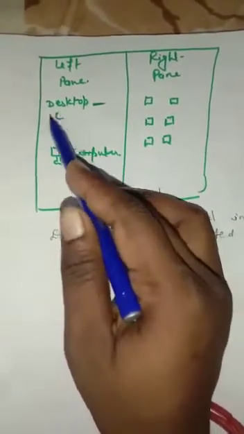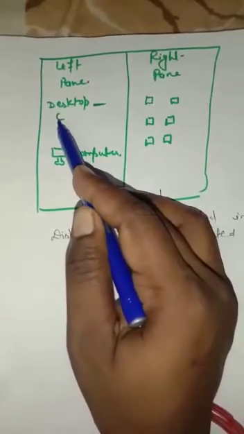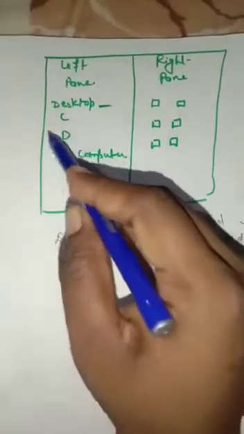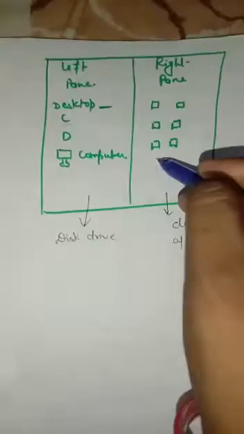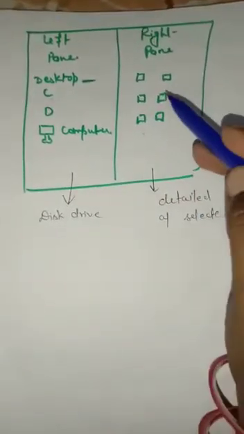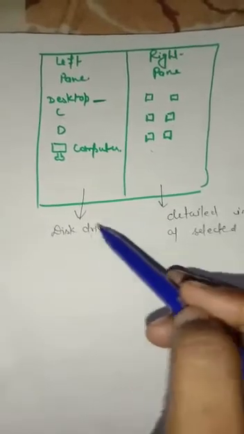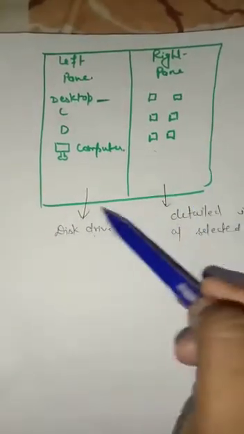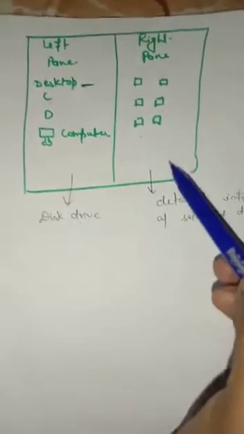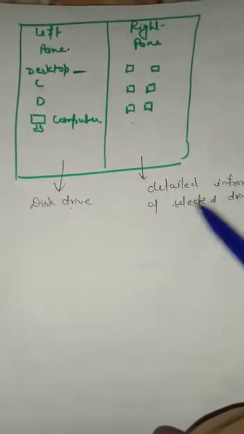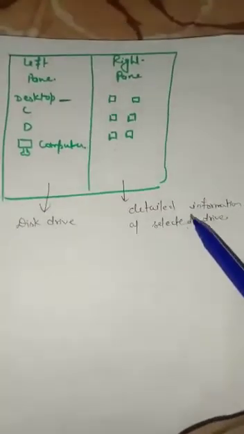Suppose we have selected drive C, then in right pane the detailed information of drive C will be shown. Here you can see there are two types of panes. First is left, second is right pane. Left pane shows disk drives and right pane is showing the detailed information of selected drive.